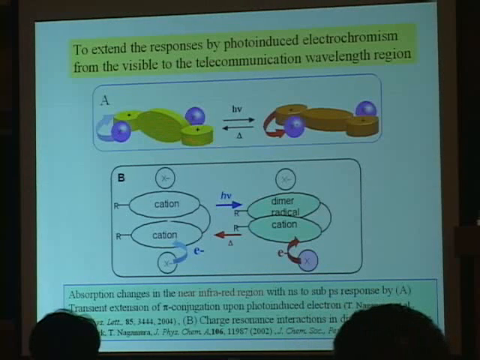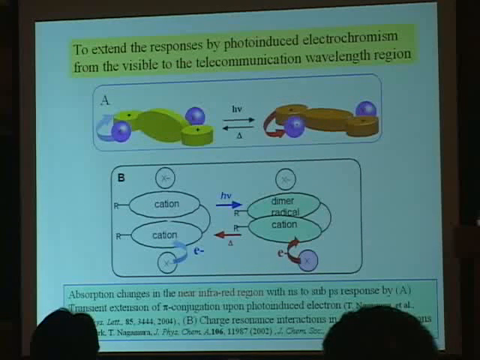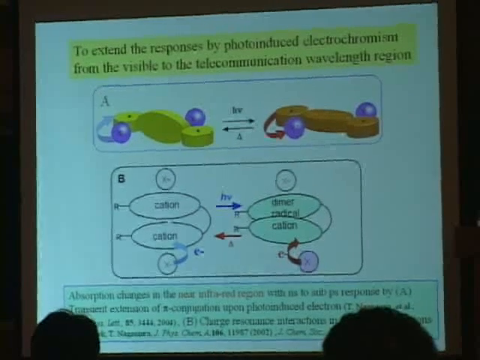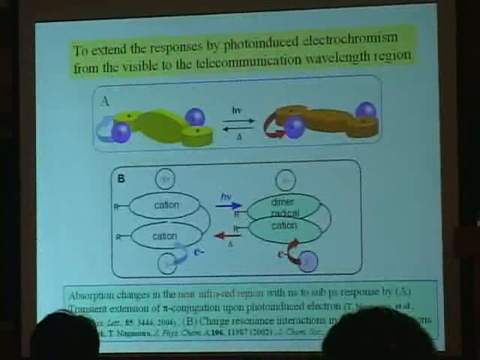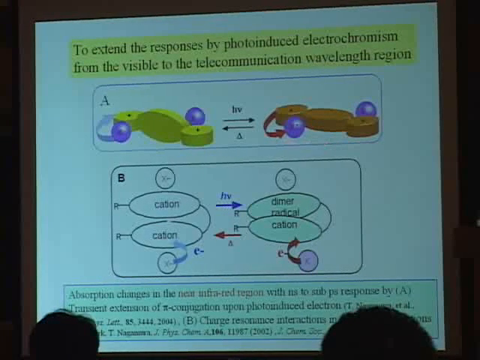One is change of the extent of pi conjugation by simply adding or removing one electron. If we introduce one electron, which is assisted by a photon, then the pi electron system becomes large, which gives absorption in the near infrared region. And if we remove the electron, the conjugation length becomes small, then this absorption will disappear.